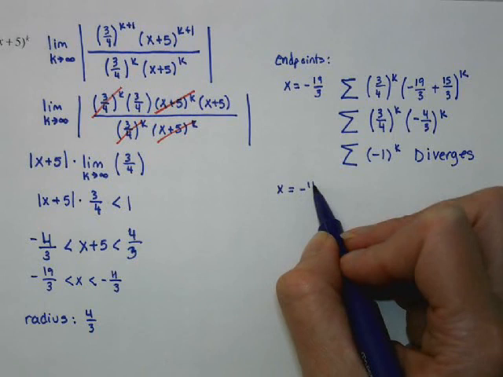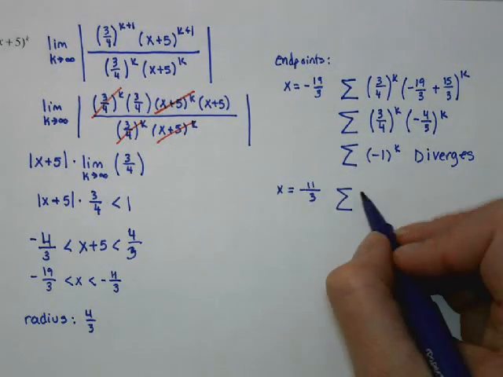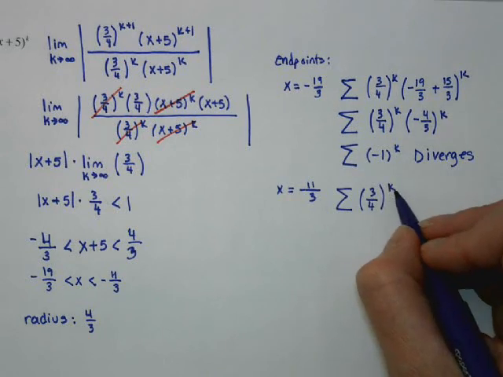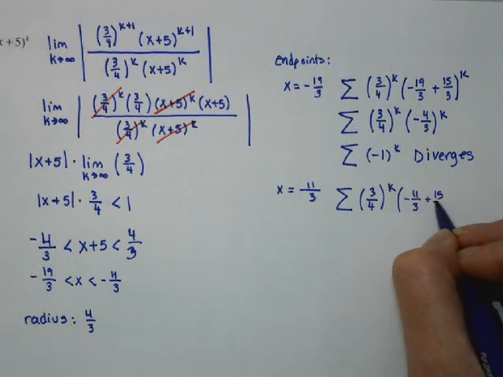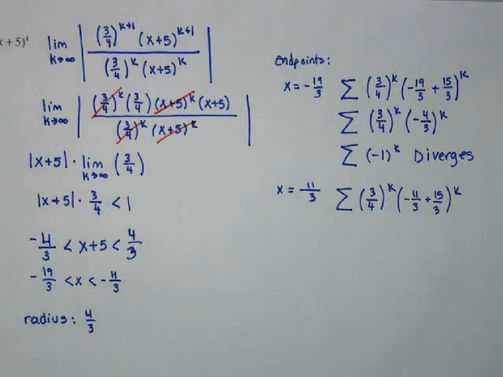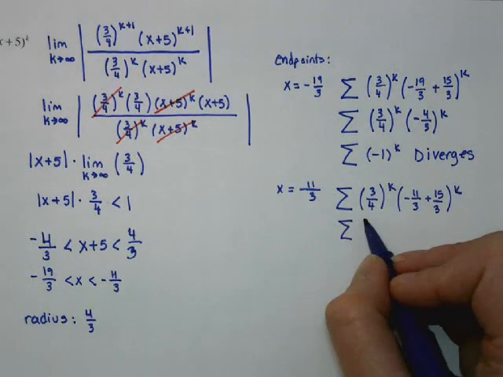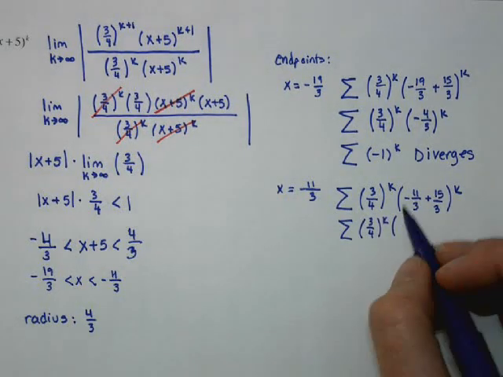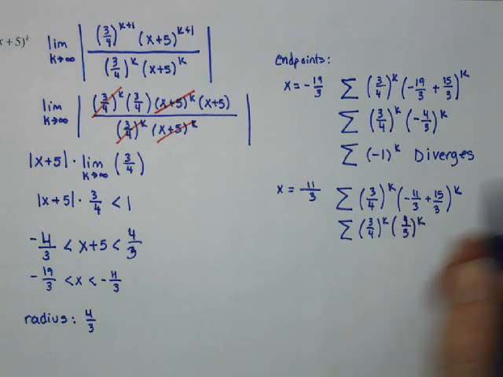What about when x equals −11/3? Okay, so again, (3/4)^k, −11 plus 15 is going to give me 4/3.